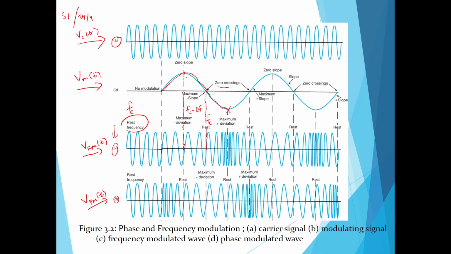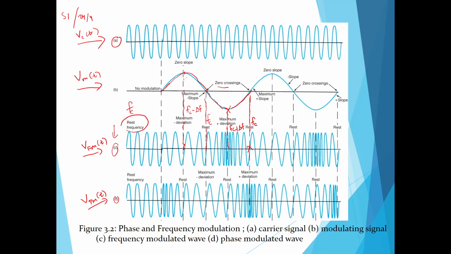The output will show the maximum positive deviation, meaning the maximum frequency, which is Fc plus delta F. So you see that the ripples of the wave are close to one another. Then the modulating signal moves from the negative peak until the x-axis, zero crossing, so the output is at rest frequency Fc at this point, and so on.